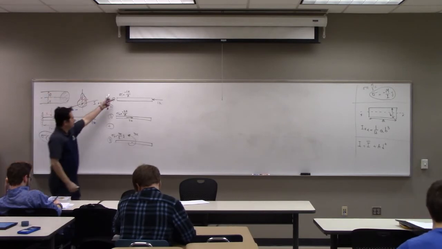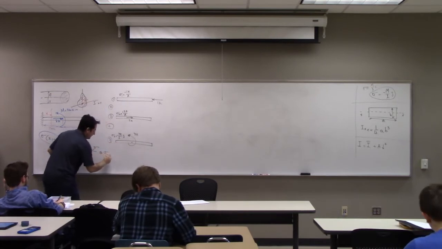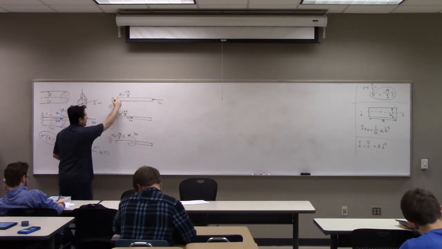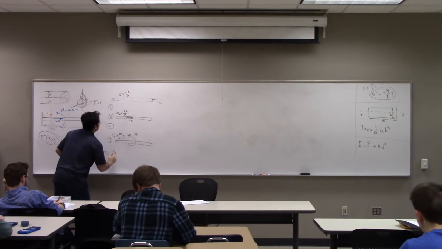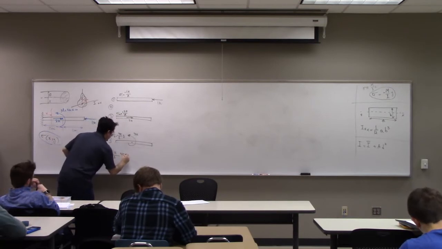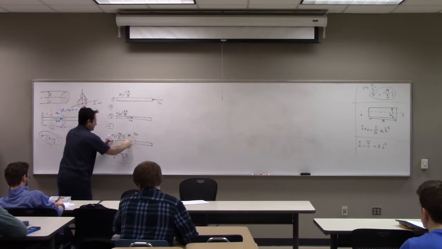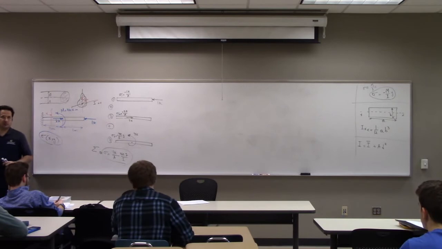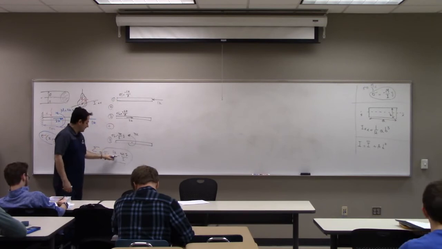So from here to here, if you just sum them up together, your total stress is sigma 1 plus sigma 2 plus sigma 3, which is negative 1K over the area minus 3K y over I, from here to here. Then there is a 2 minus 1, so positive 1K over A.